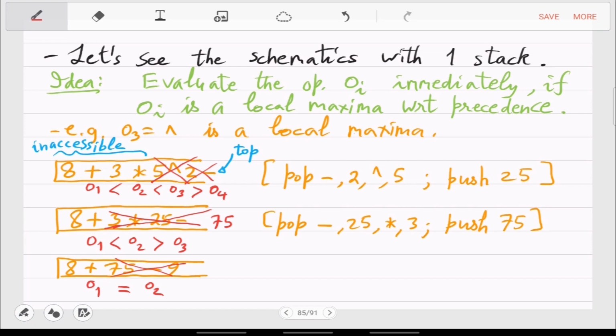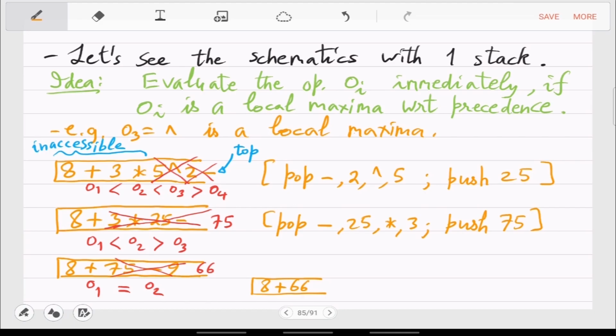maybe I made a mistake in my example. Anyway, so just do 75 minus 9. So 66, right? You get here, and then in the end you will get... Are we?